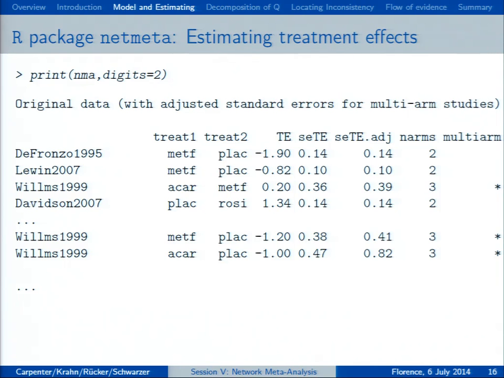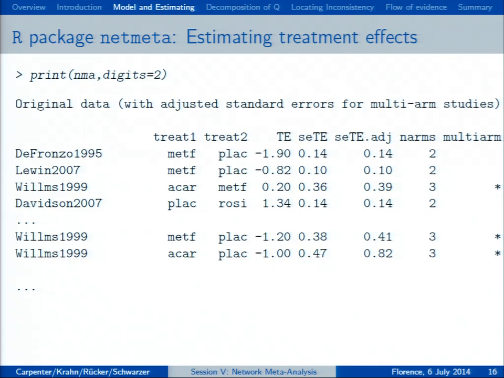And then we have here, in addition, a column for the adjusted standard error of the treatment effect. So these 2 columns are the same for 2-arm studies, and for 3-arm studies, they differ here, and here.